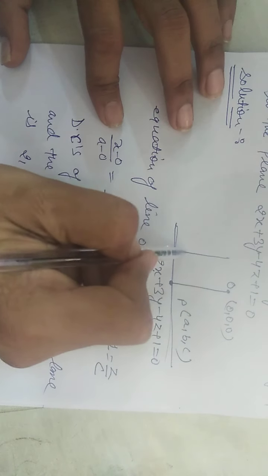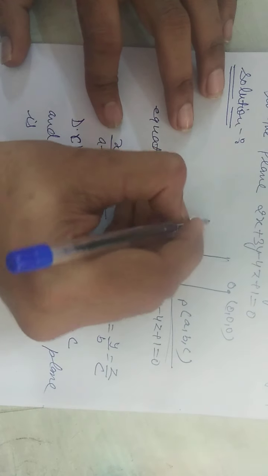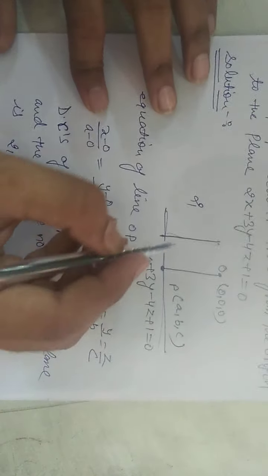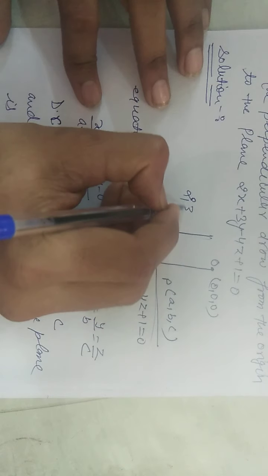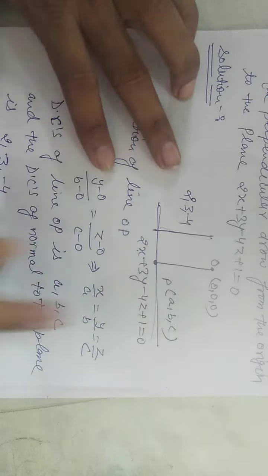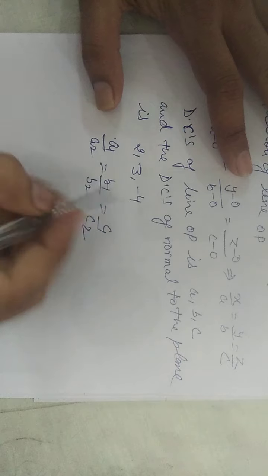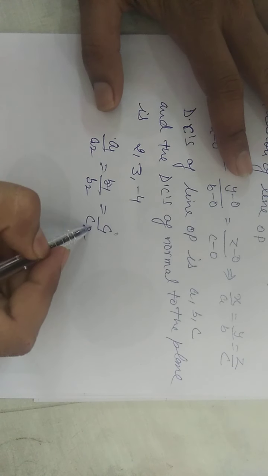The normal is this line. Then the direction ratio is 2, 3 and minus 4. Both lines are parallel. The condition for two lines to be parallel is a1/a2 equal to b1/b2 equal to c1/c2.